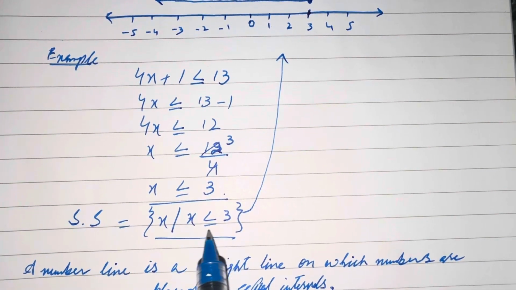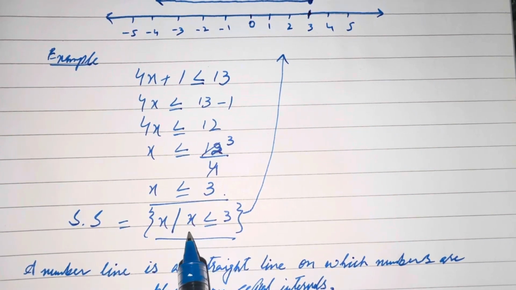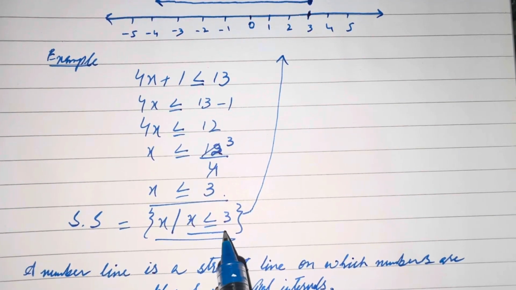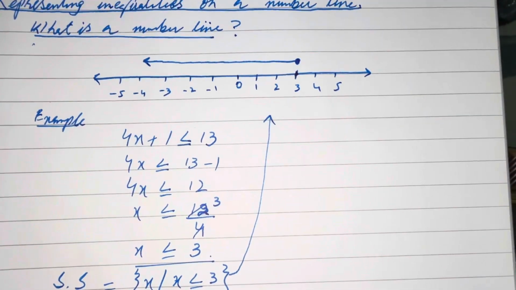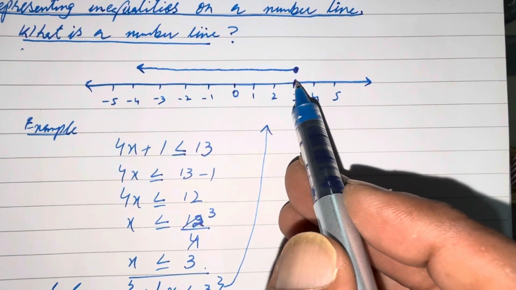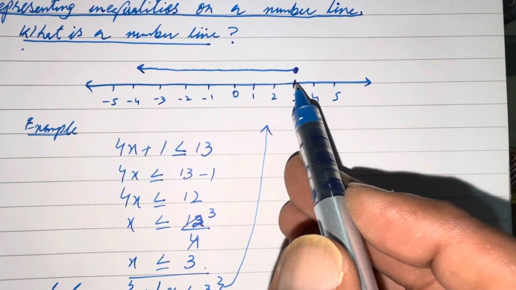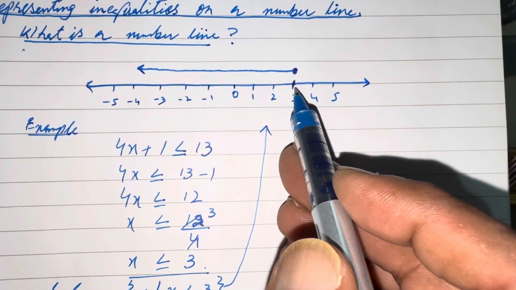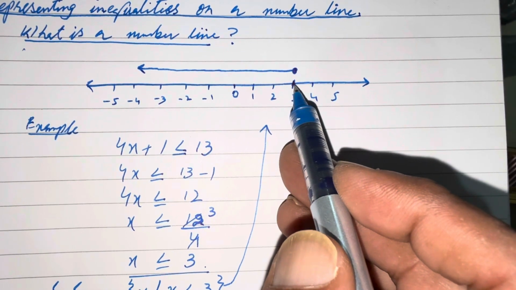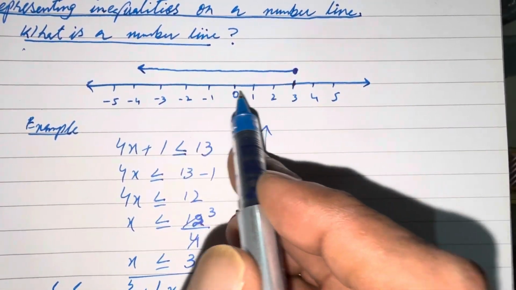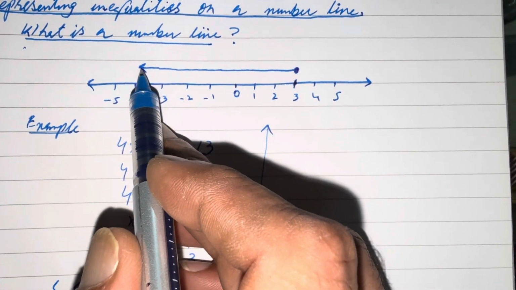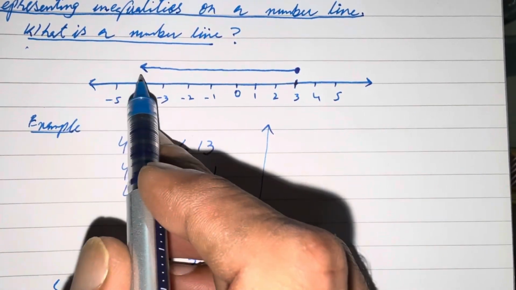Once again, the solution set x is less than equal to 3. Less than equal to 3 means the numbers will start from the number 3, and less than equal to means all the numbers which are less than 3. On the left hand side, all the numbers are less than equals to 3. That arrow sign is showing that it goes on and on.